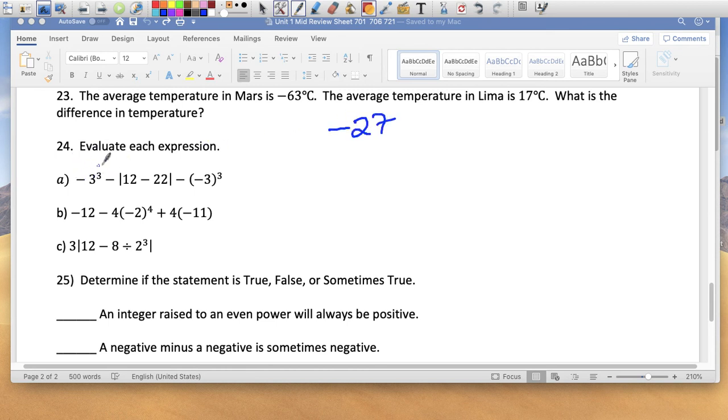Remember that this is only affecting this little guy over here. Minus 12 minus 22 is the same thing as 12 plus negative 22, which I'll write. And then minus, and again, in here, it's negative 3 times negative 3 times negative 3, which is negative 27. Right, and I like to put that in parentheses.